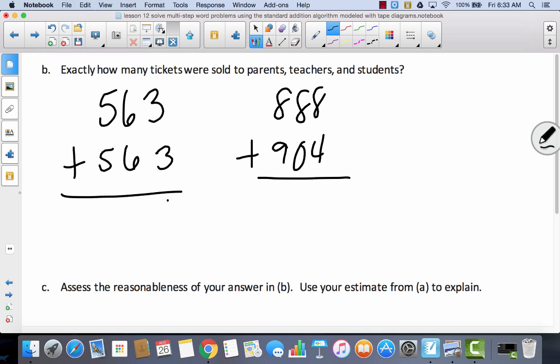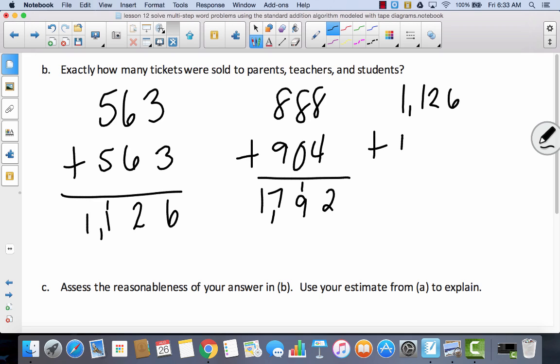So 3 and 3 are 6, 6 and 6 are 12, 5 and 5 are 10, plus 1 makes 11, and then 8 and 4 make 12, 8 and 1 make 9, and 8 and 9 make 17. So now I have to add 1,126 to 1,792, and that gives me 8, 11, 9, and 2.